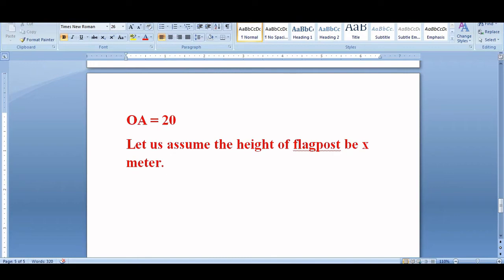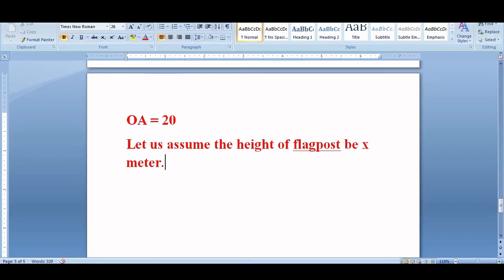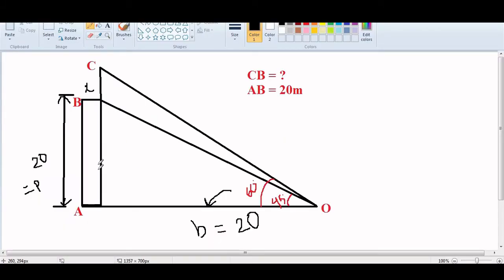So we have assumed the CB length, that is CB, BX. Now you can see over here that right angle triangle AOB and right angle triangle AOC shares the same base, that is 20 meter. So we can apply this 20 meter to find the height of this one.